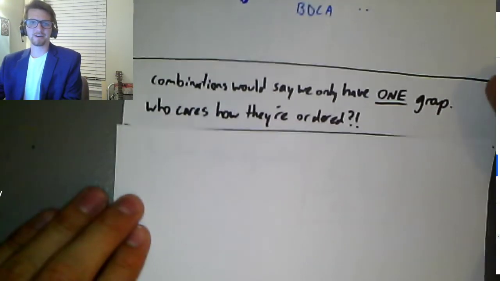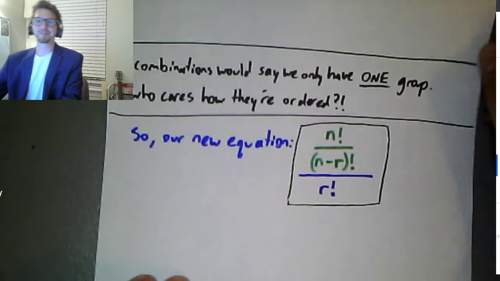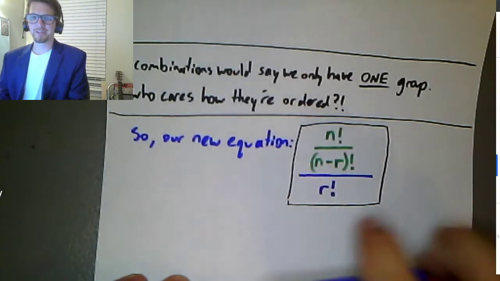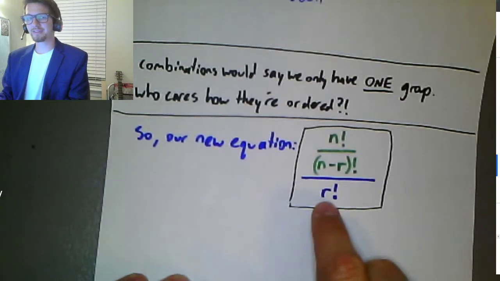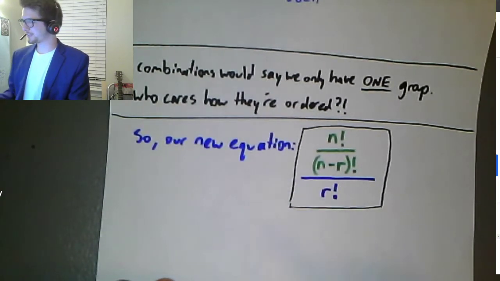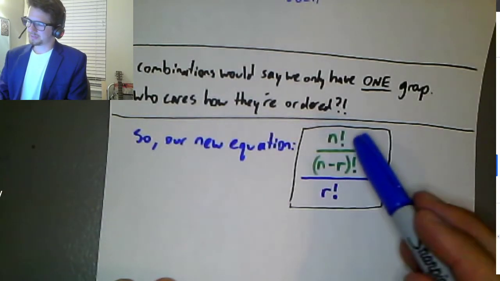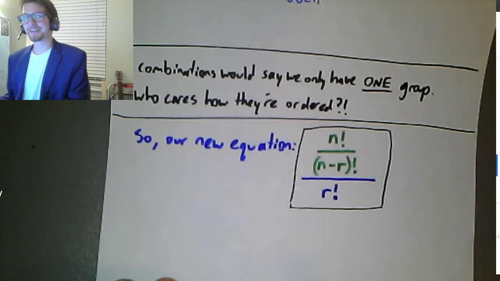So let's look at how combinations would work. This is our new equation, okay? Which at first was starting to remind me of a Christmas tree. So it's our normal permutation formula, except we're dividing the whole thing by r factorial. So n factorial divided by (n minus r) factorial, all that divided by r factorial.